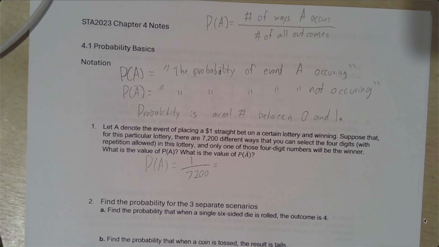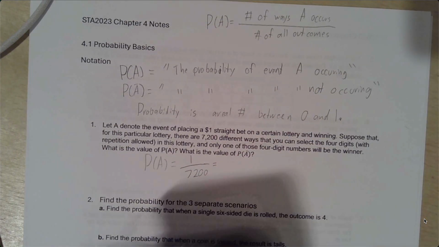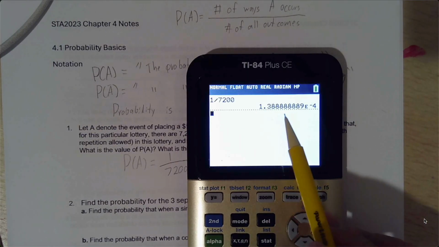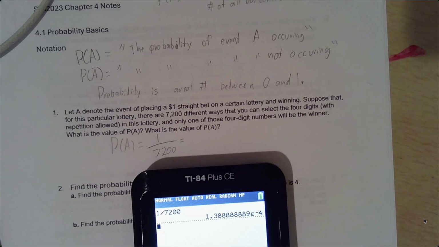And so if I take that in my calculator, you might see some new notation in your calculator. See how that says 1.3888 and then E negative 4. That is shorthand for scientific notation.